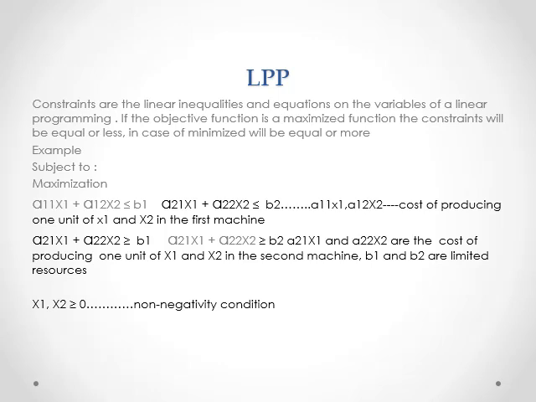To produce means more than 0, not to produce equals 0. Three components: objective function دالة الهدف, constraints القيود, and non-negativity condition اللي هي شرط عدم السلبية.